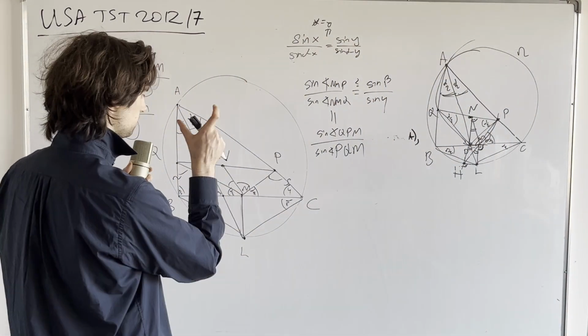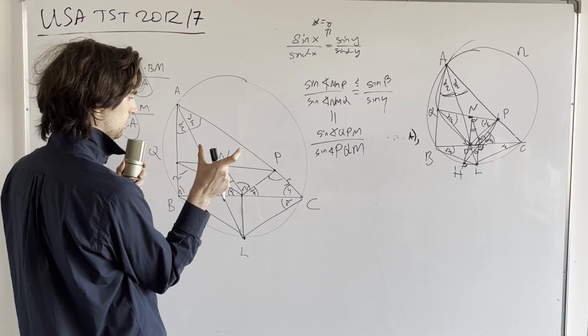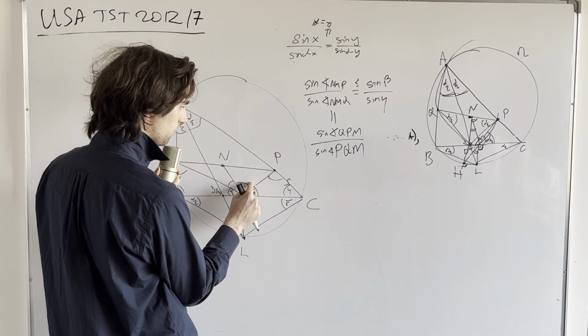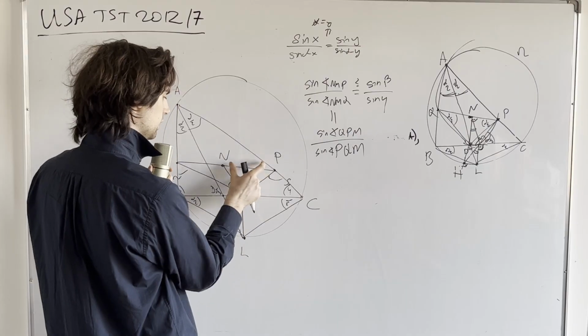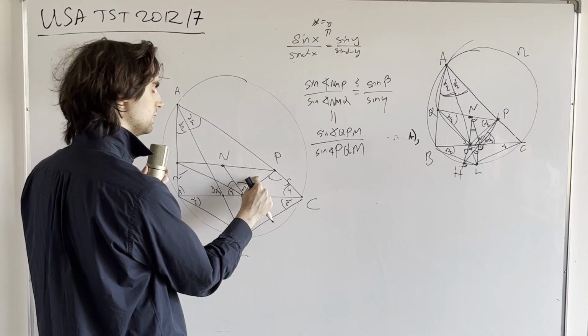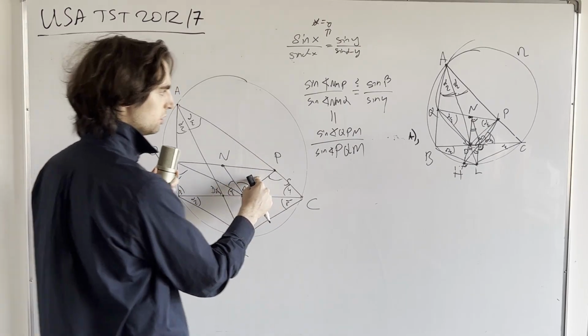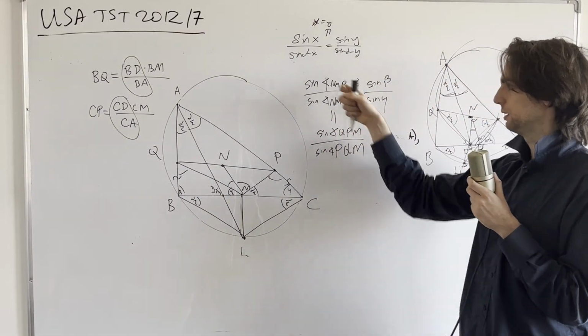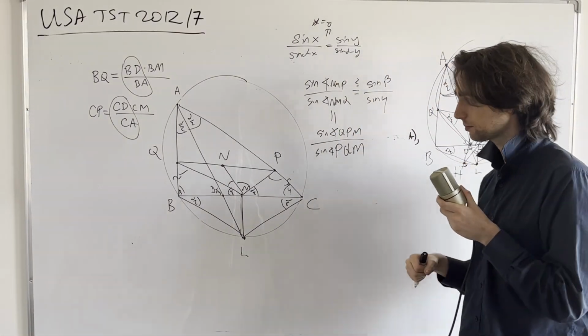Because sine of this is going to be equal to this over this times the sine of this. So that's why I'm getting QPM up if I had NPM up.